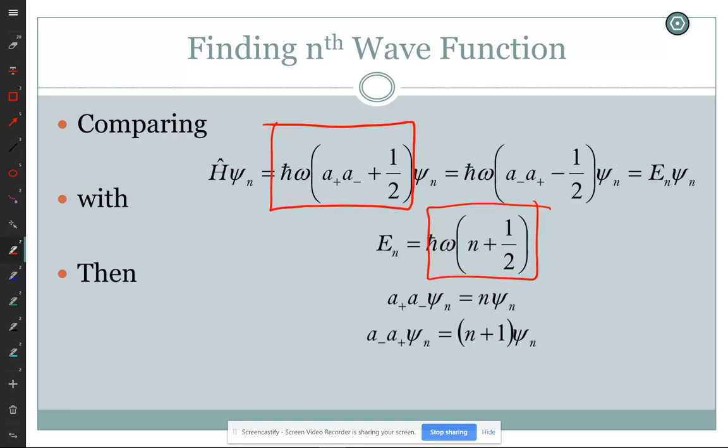So A plus A minus psi n must be equal to n psi n. And likewise, if we were to look at this one instead, we would say that A minus A plus acting on psi n must give me n plus 1 times psi n.